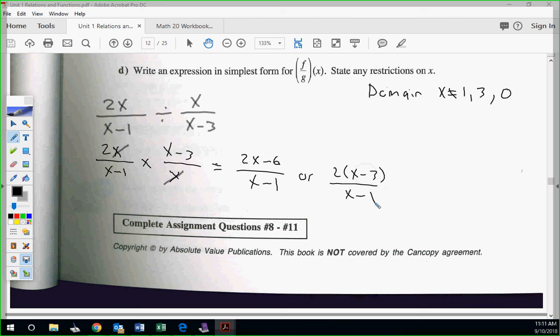You should do the same thing, because you'll probably pull an x out at the end and then cancel. You would have got 2x squared minus 6x, right? And then the bottom, you would have got x squared minus x. They both have an x, so you would have pulled an x out and then canceled them. Okay? All right, good. So we'll stop there.